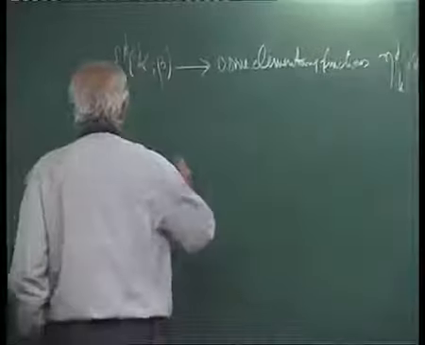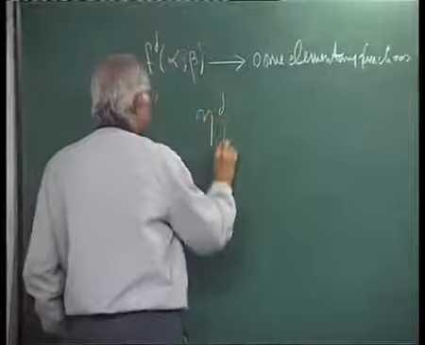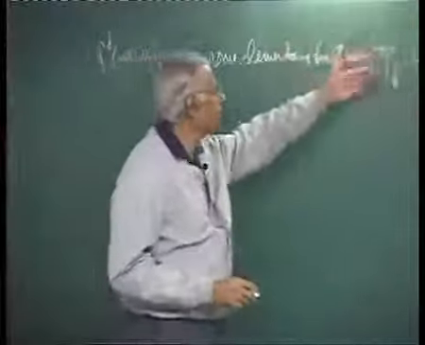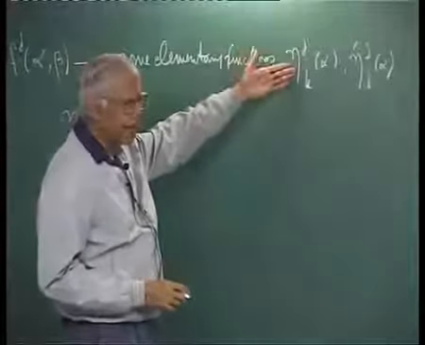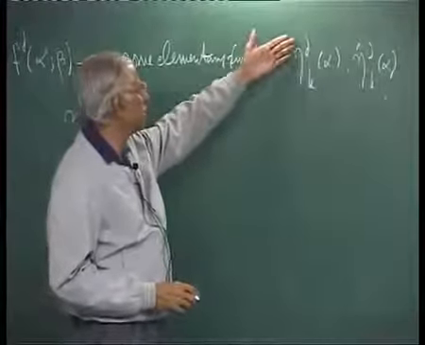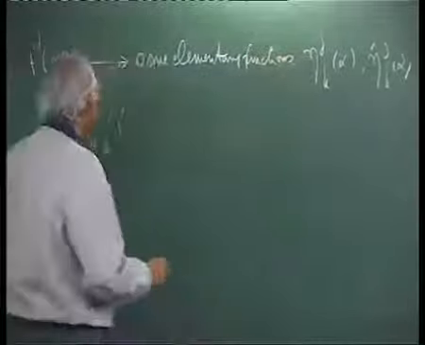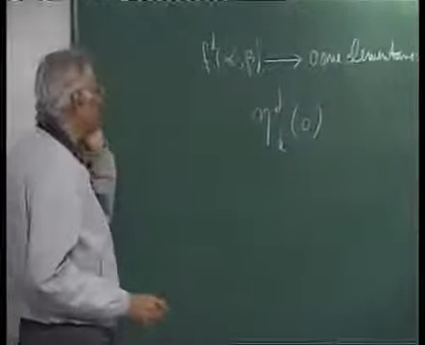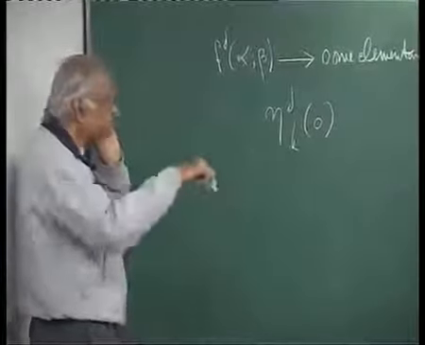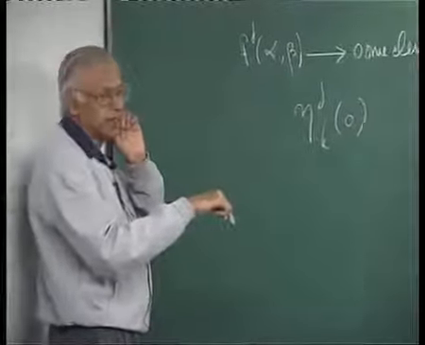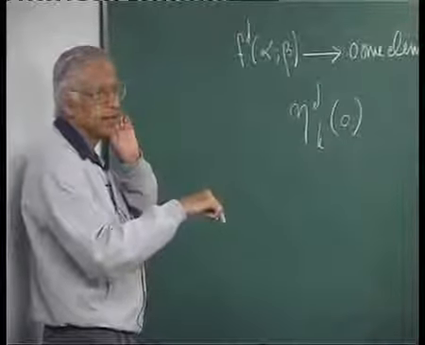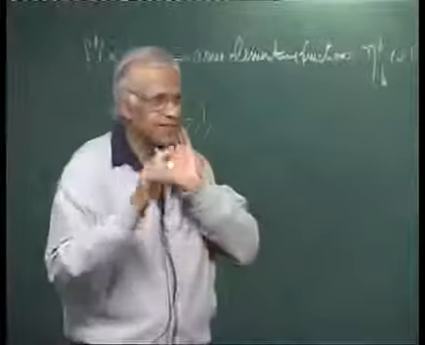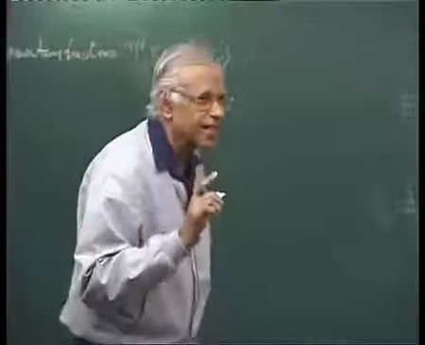Now I ask the following question. Take this element, so this is a matrix. It is an R by R real matrix. J is the row index, K is the column index. Suppose I ask, what is the value of this eta matrix when its argument is the identity group element? Delta JK.